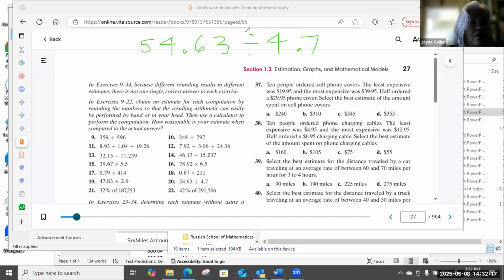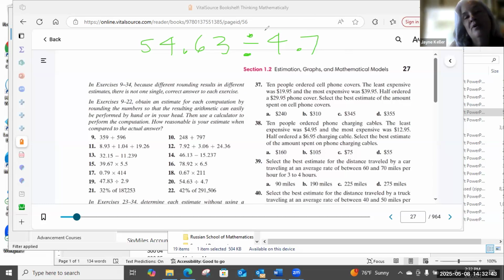Okay, so instead of rounding this to a specific place, I'm going to say to myself, well, 4.7 is close to 5, but it's also close to 6, and it's also not too far from 4.